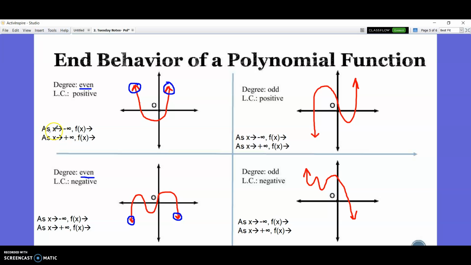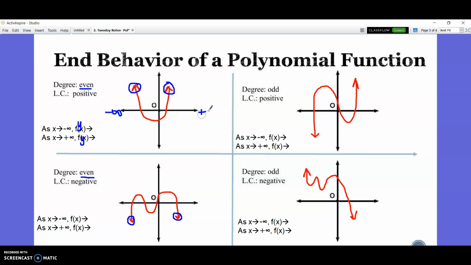So right here it says, as x approaches, that arrow means approaches, negative infinity, f of x, which is just y, this could be a y, okay? So when x is going to negative infinity, that's on my x-axis. Negative infinity is this way. This is where negative infinity is.